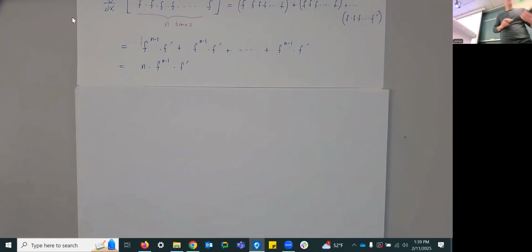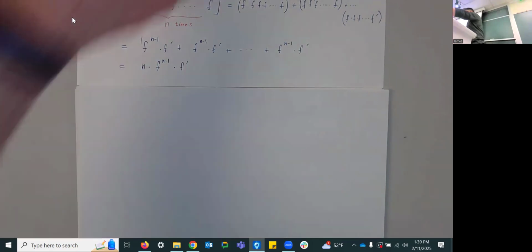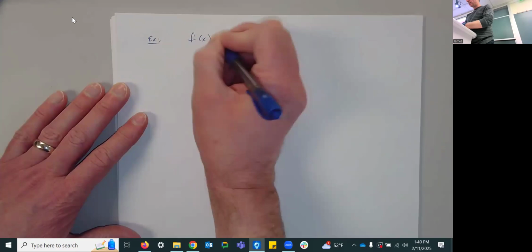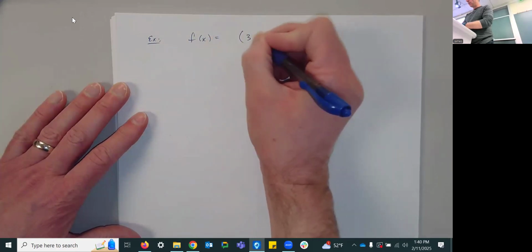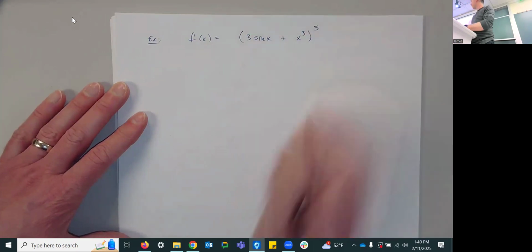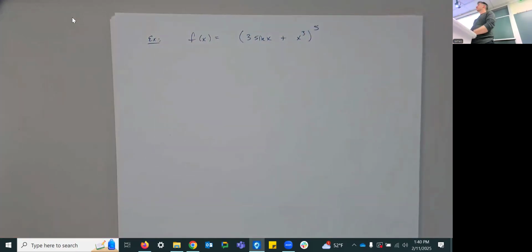Yeah. Thank you. So let's do a few more examples using the chain rule because I do think it's good practice. So let's say, for example, we were given a function that was 3 sine x plus x cubed to the 5th power. So not a big deal, right? It's just, as I'm seeing it, some stuff to the 5th power.